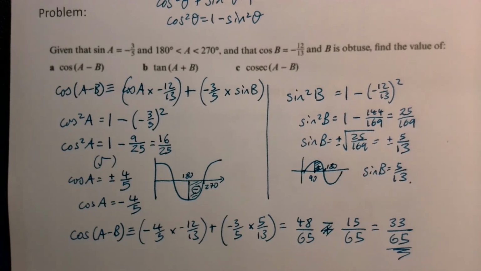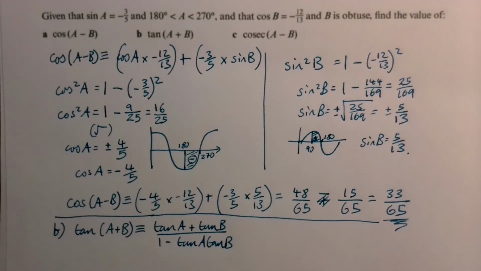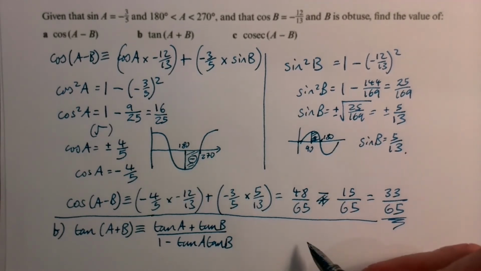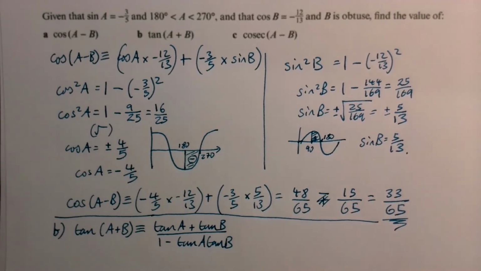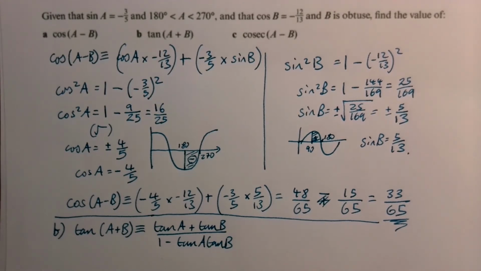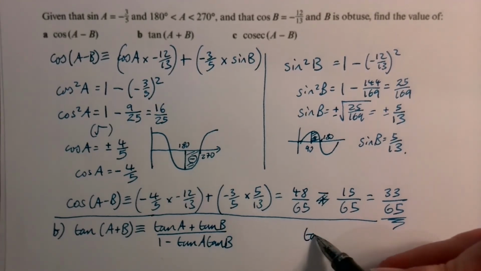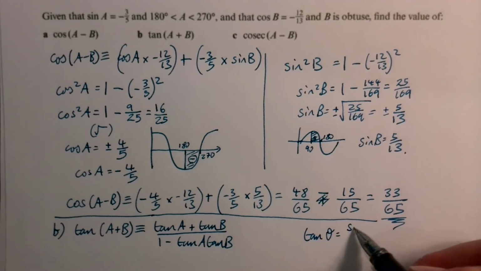Right, next up, going to be doing a similar thing for tan A plus B. For tan A plus B, the formula booklet will tell you this, so it's tan A plus tan B over 1 minus tan A tan B. We haven't been given the values of tan A and tan B, but we can work them out using the other really early identity that we learnt, that tan theta is sine theta over cos theta.